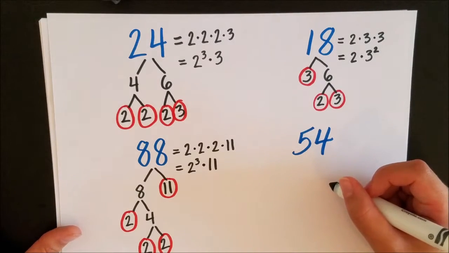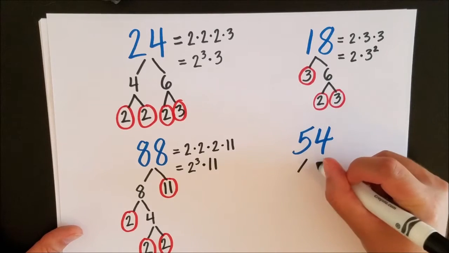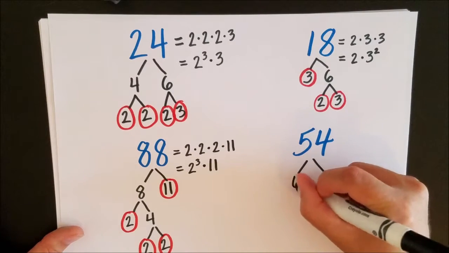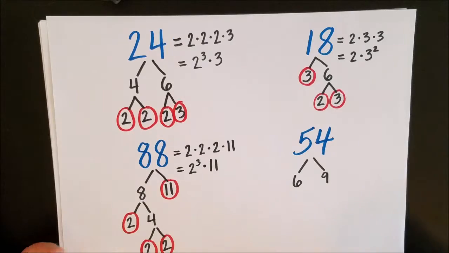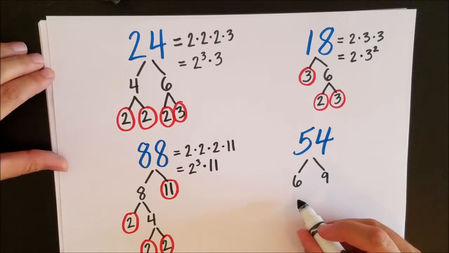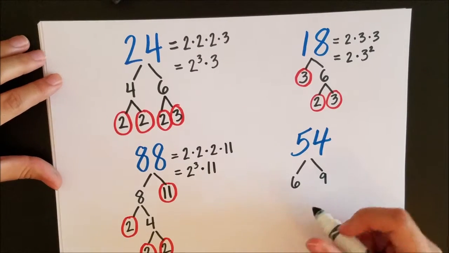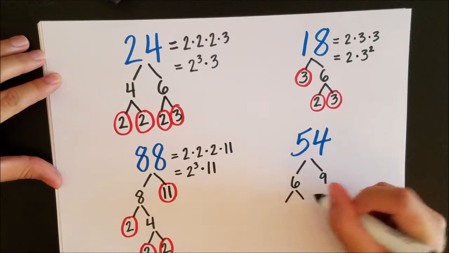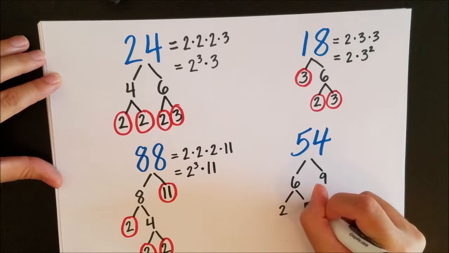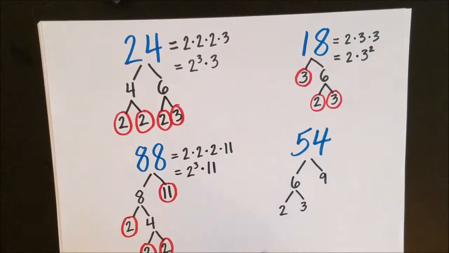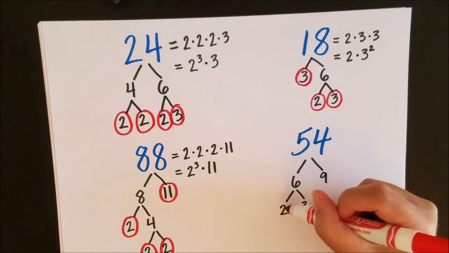And now our last one, 54, I'm going to choose 6 and 9, and I still need to keep going because neither of these are prime, so I'm going to break 6 into 2 and 3, and I know those are both prime, so I'm going to circle them.